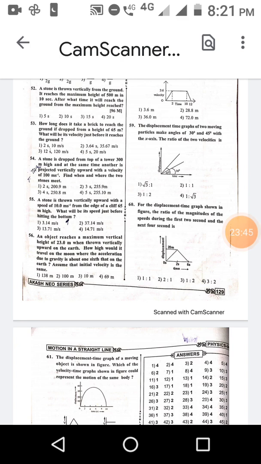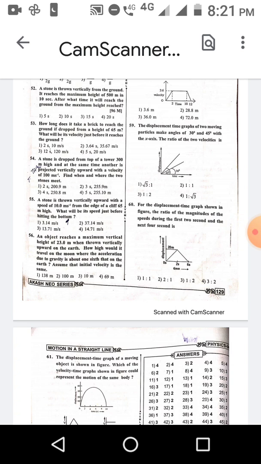Okay friends, I think you drew it. 20 meters, 2 seconds. First, half into base into height is half into 2 into 20, which is 20.